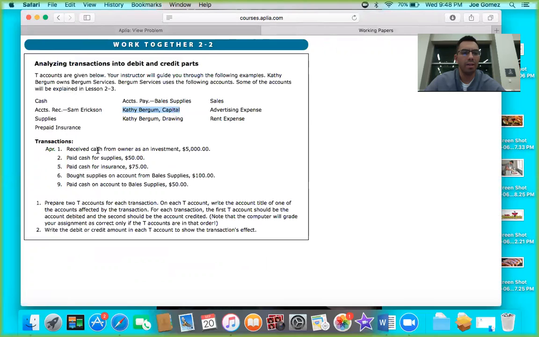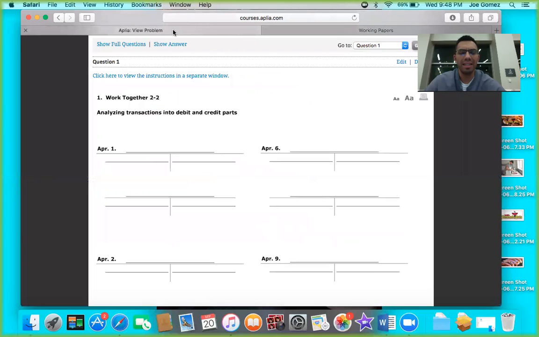Cash is an asset, and the capital account is an owner's equity account. We have also learned that assets are increased with a normal balance on the debit side, and the capital account has a normal balance and is increased on the credit side. So I need to list the account with the debit first, and the credit will go second.